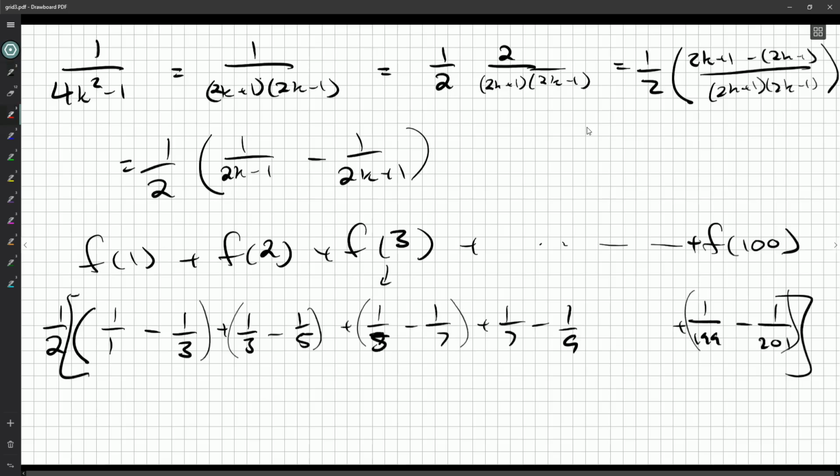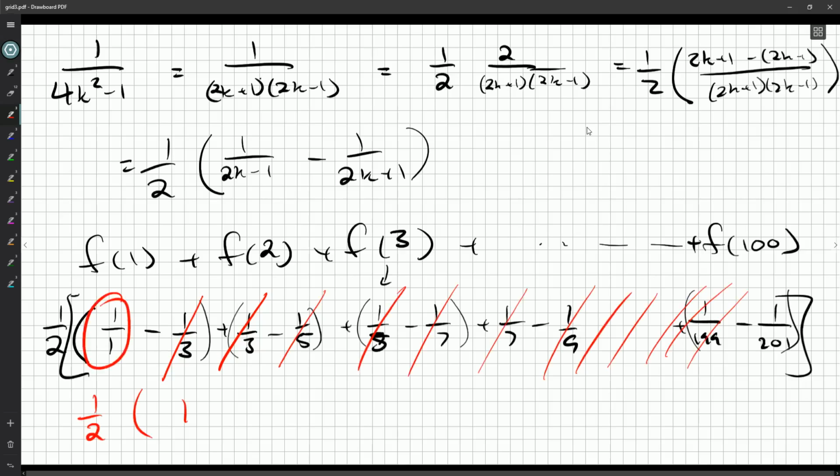And what happens here is part of the previous term cancels out with part of our current term. So minus 1/3 plus 1/3 cancel out, minus 1/5 plus 1/5 cancel out, minus 1/7 plus 1/7. It all cancels down the line until you're left with just 1/2 of this 1, who doesn't cancel with anything, and this minus 1 over 201, which doesn't have the next term to cancel out with.